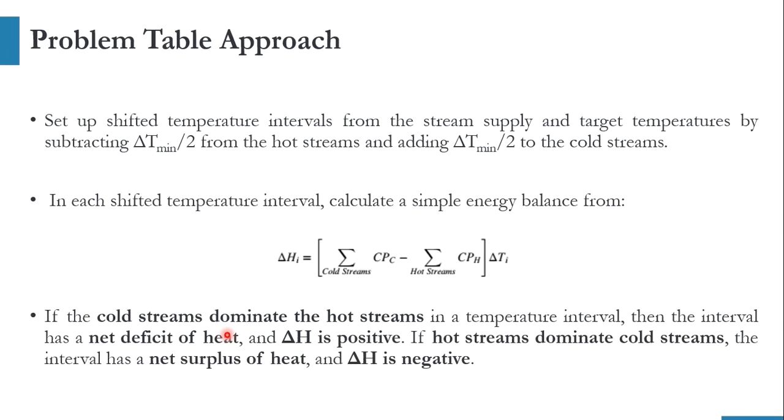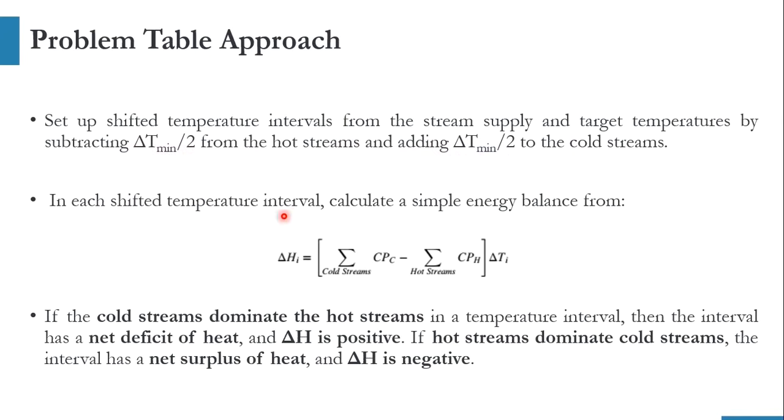Now, the problem table approach is comparatively easier than the graphical method, or you may disagree with it. We will be using the shifted temperature intervals from the stream supply. For the hot stream, we will subtract delta T min over 2 from the values, and for the cold stream, we will add delta T min over 2 to these values.